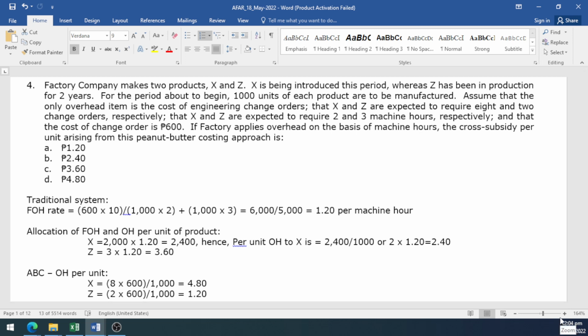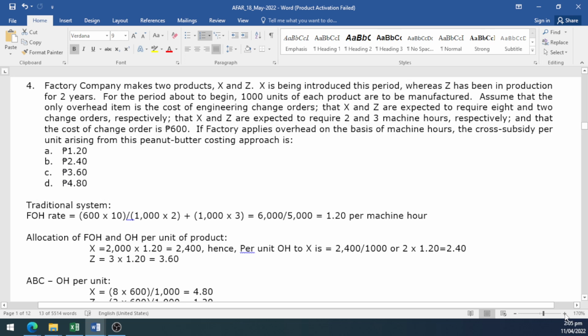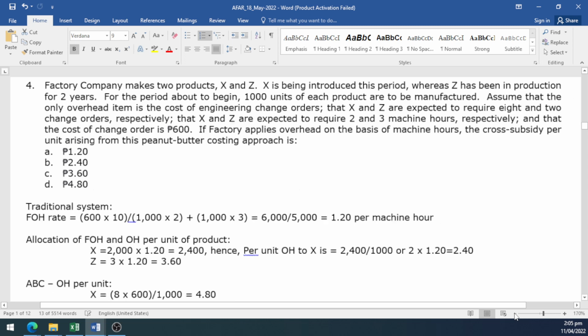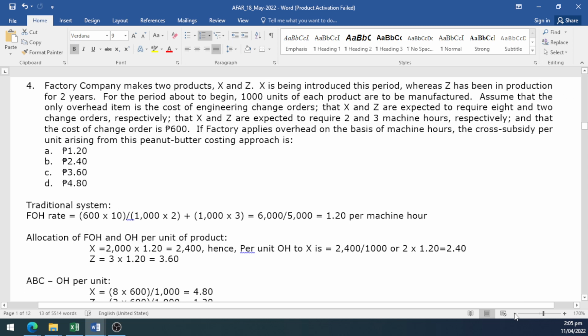Kanina, kinompute natin total product cost cross-subsidy. Ito sa number 4 naman, cross-subsidy per unit. Okay, compute tayo ha. Ulitin ko, ang activity-based costing, that is more accurate method.